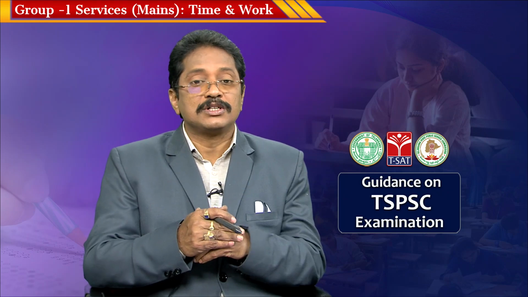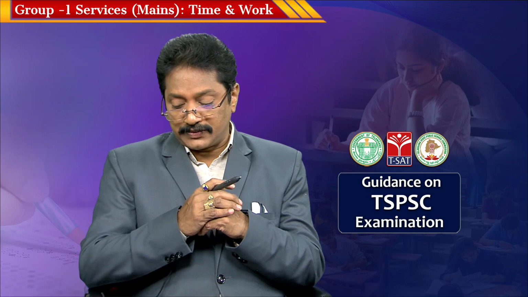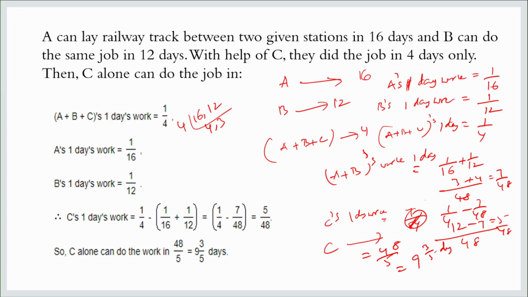When you take the sum of these two, 1 by 16 plus 1 by 12, you will get 7 by 48, correct. A plus B's 1 day work is 7 by 48 and A plus B plus C's 1 day work is 1 by 4. When you subtract 7 by 48 from 1 by 4, you will get C's 1 day work. So, 1 by 4 minus 7 by 48 is 5 by 48.